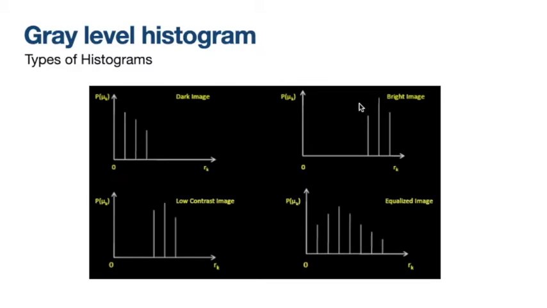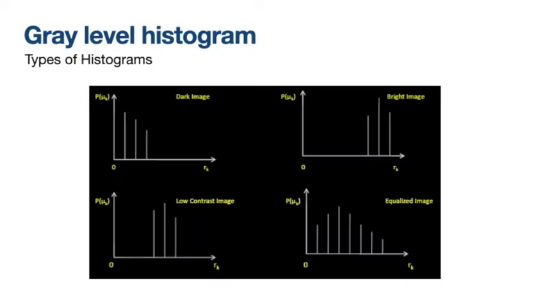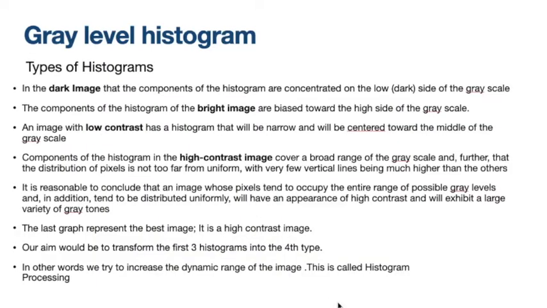So our aim will be to broaden that, or increase the dynamic range of the image. So for all these three, dark image, bright image, and low contrast image, you have to convert them to an equalized image or a high contrast image, that is histogram processing.